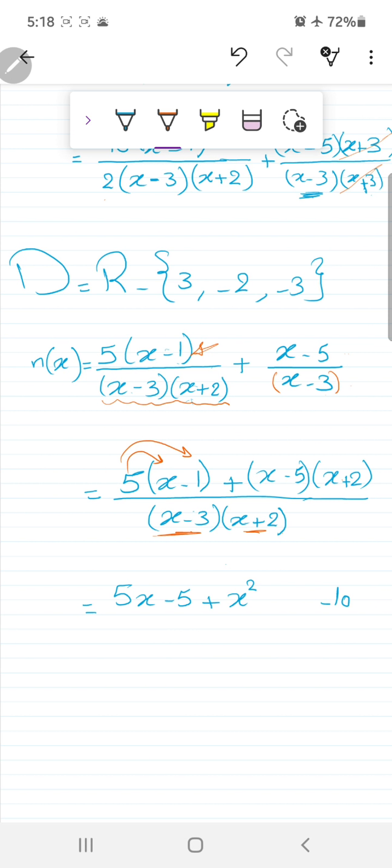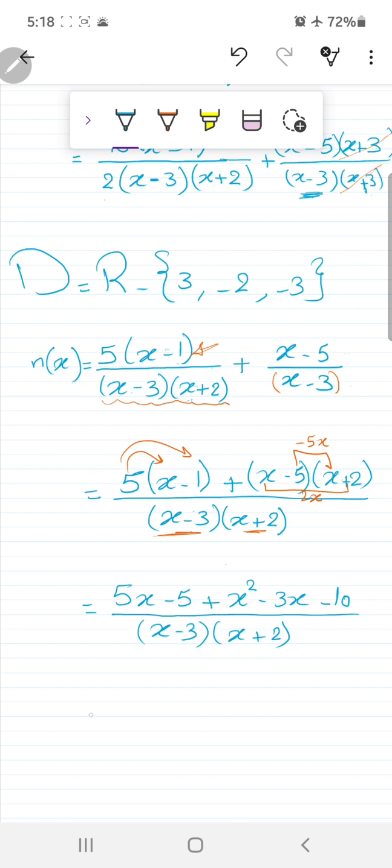We get means and extremes. Here means negative 5x, extremes is 2x. Make plus, or using your calculator, negative 5 plus 2 will be negative 3x. Okay, and write the denominator as it is. X minus 3, x plus 2.